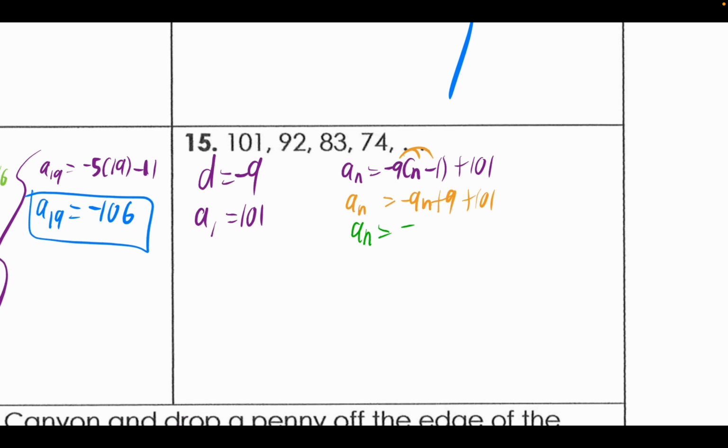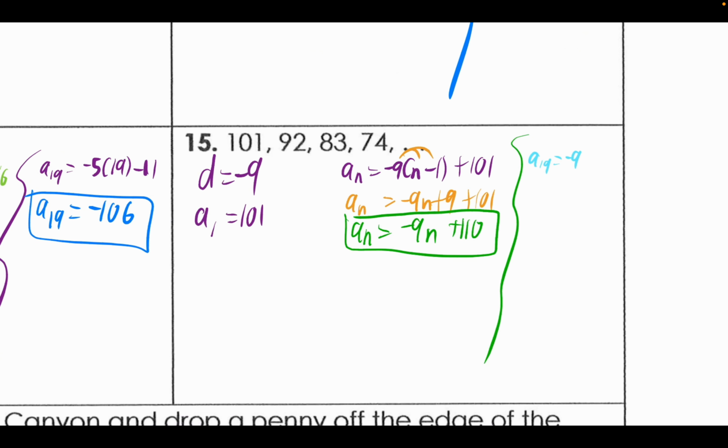Combine like terms, a sub n equals negative 9n plus 110. To use this now, we're going to have a sub 19 equals negative 9 times 19 plus 110. So a sub 19 equals negative 61.